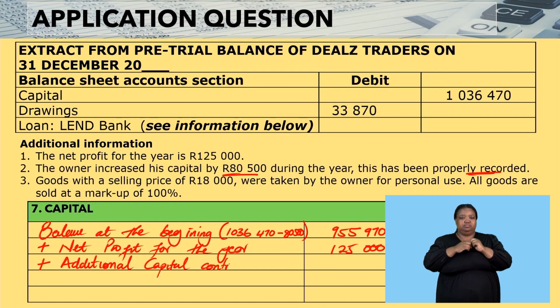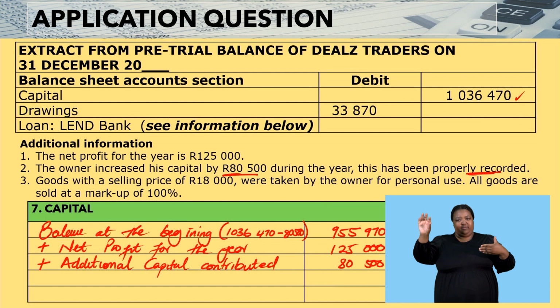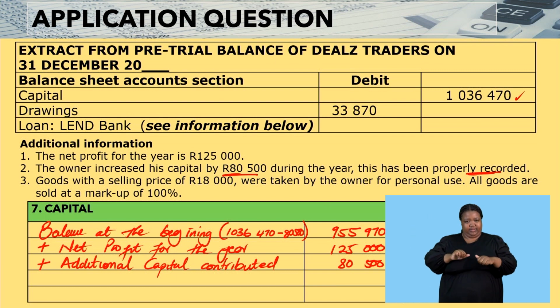My capital contributed is 80,500, so I'll say plus 80.5. Remember, we are told that this was properly recorded. That was in the 1,036,470, so we took it out so we can get the balance at the beginning. We add our net profit, then we bring back that capital contribution now.